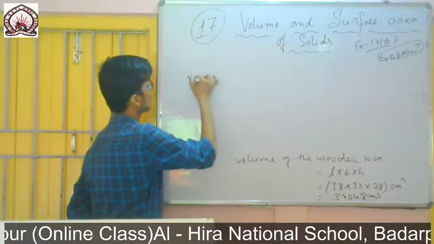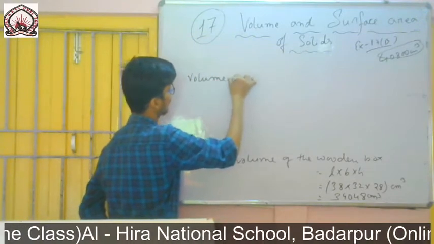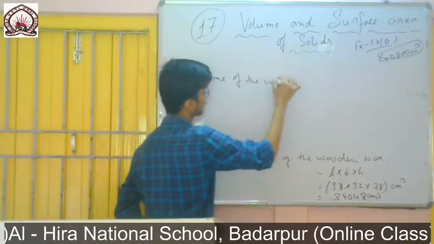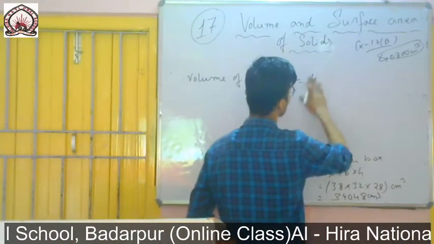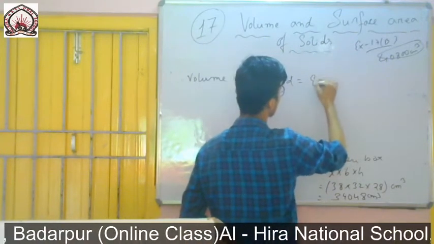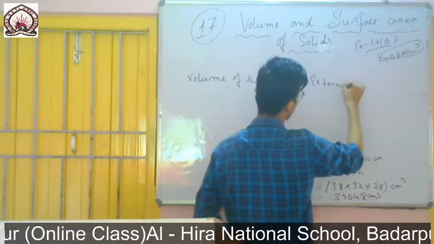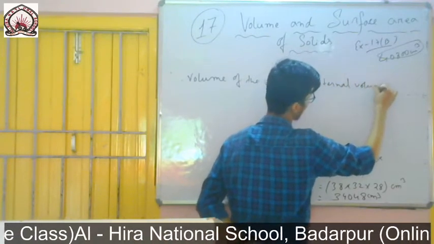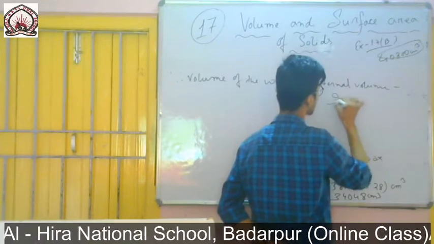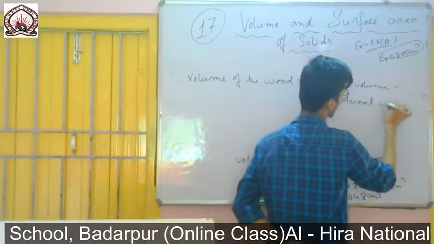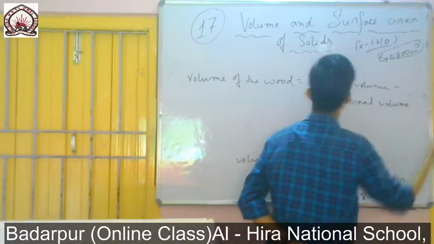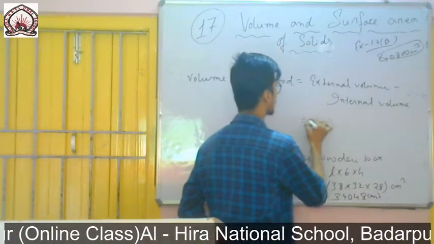Therefore volume of the wood is equals to external volume minus internal volume.